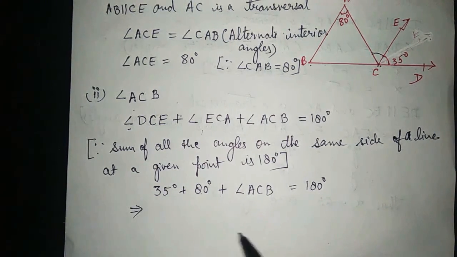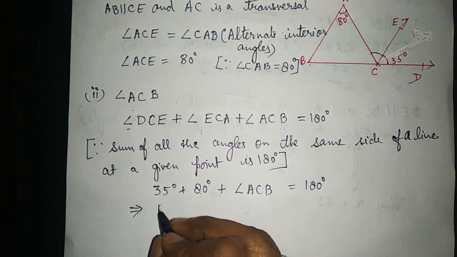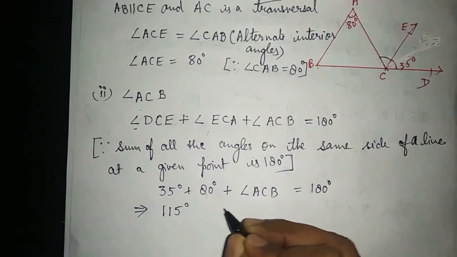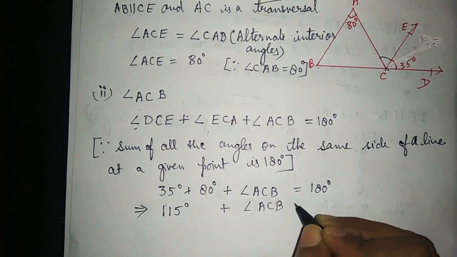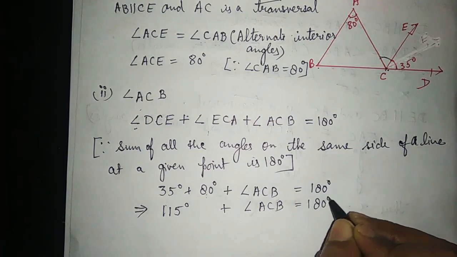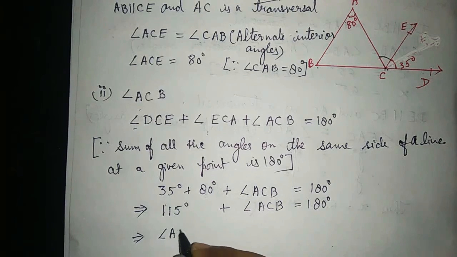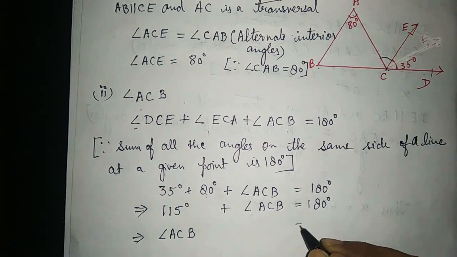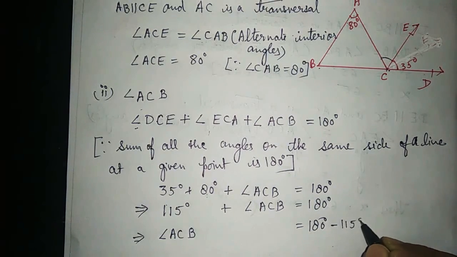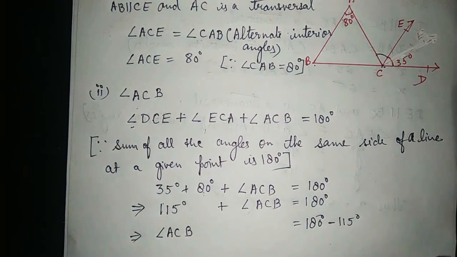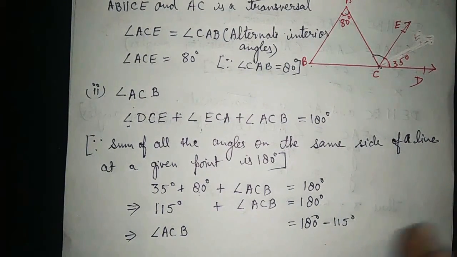Now 35 and 80 we will add. Here we will get 115 degree plus angle ACB is equals to 180 degree. Now students, angle ACB will be 180 degree minus 115 degree. This 115 we will transpose to right hand side, and here minus 115 degree we will write.